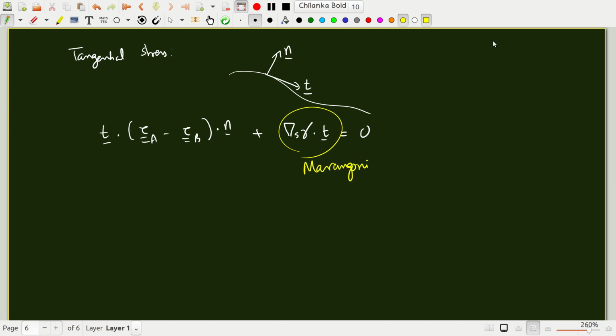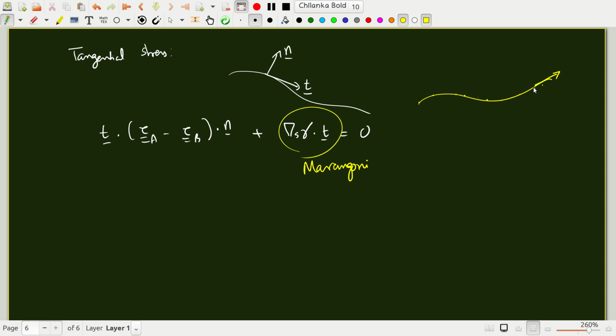What this says is that if I have an interface, the nature of surface tension is to pull the interface, but due to the presence of some surface active agents called surfactants, which are soap molecules, it is possible to have lower surface tension depending on how much surfactant is concentrated on the interface.